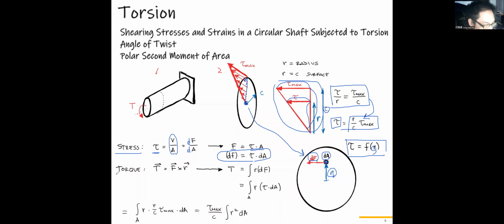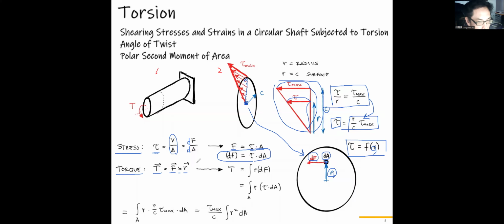So what is the torque? Torque equals force times, oh, should not be times, but cross, force cross distance.